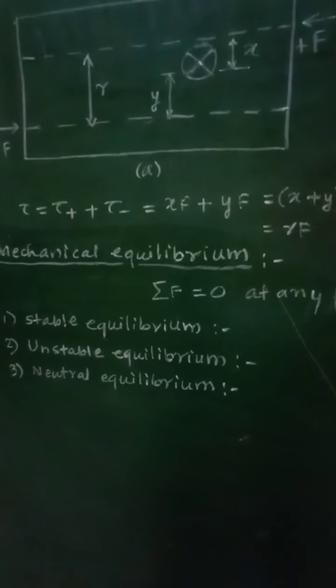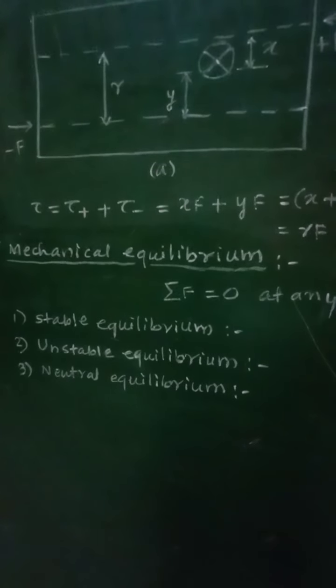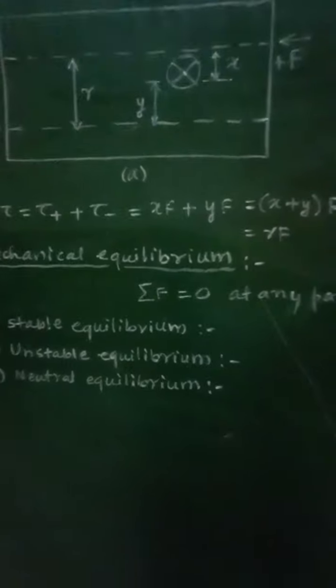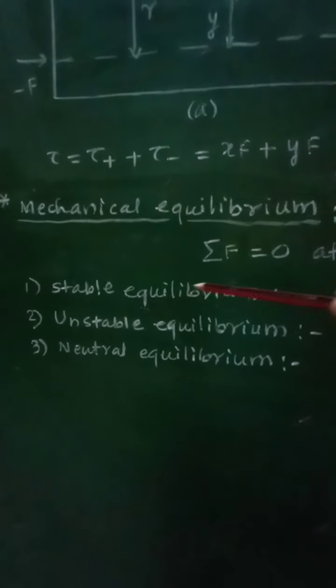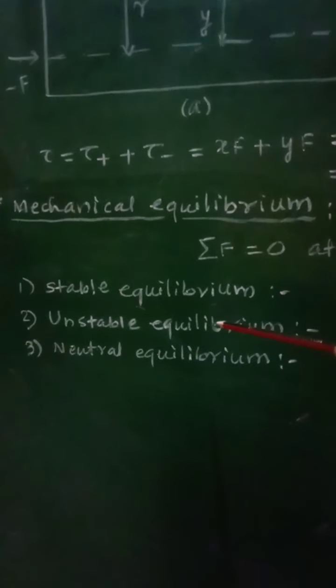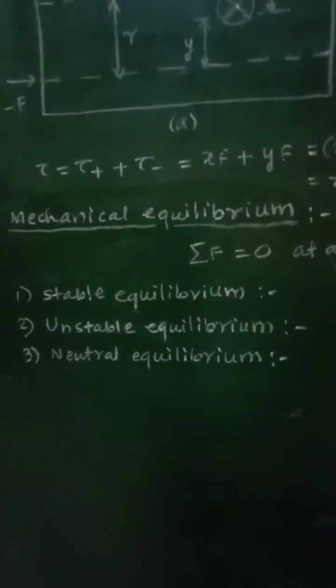Now there are three different states of equilibrium: stable equilibrium, unstable equilibrium, and neutral equilibrium.